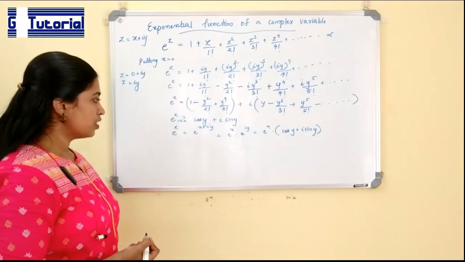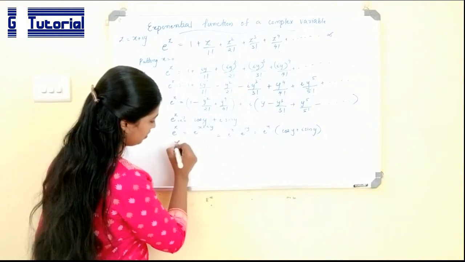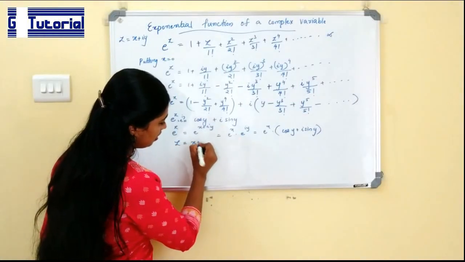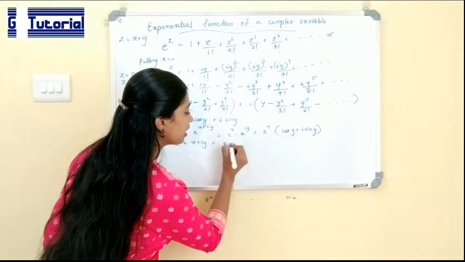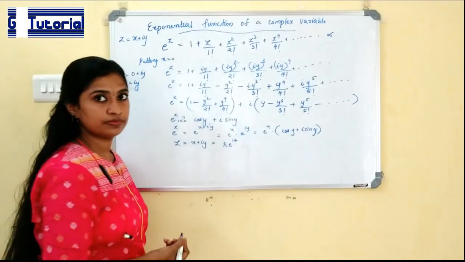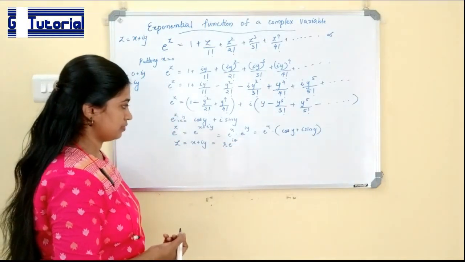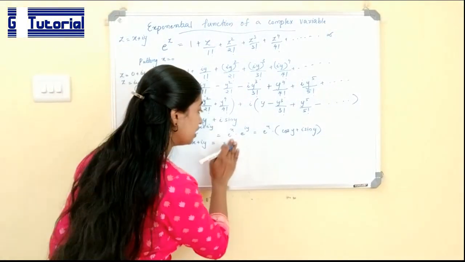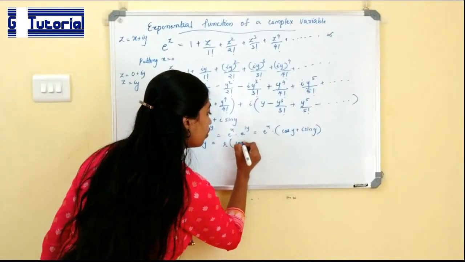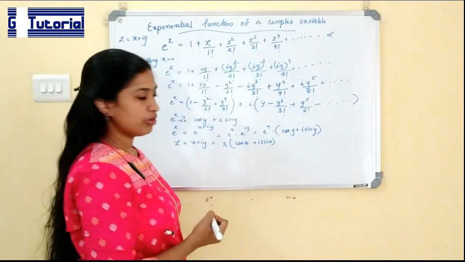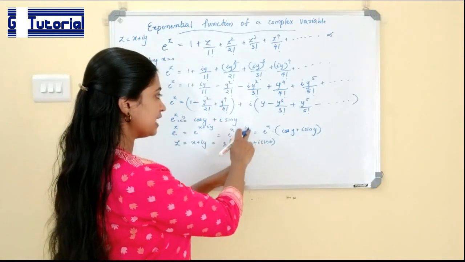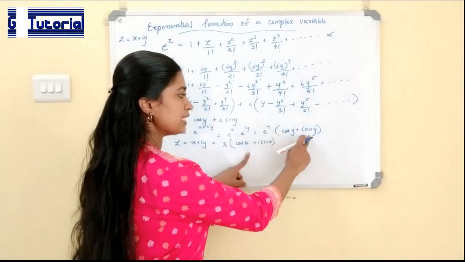We know that the complex variable can be expressed in polar form as r e raised to i theta. Sorry, r into cos theta plus i sin theta. From here, we have seen that e raised to iy is cos y plus i sin y.